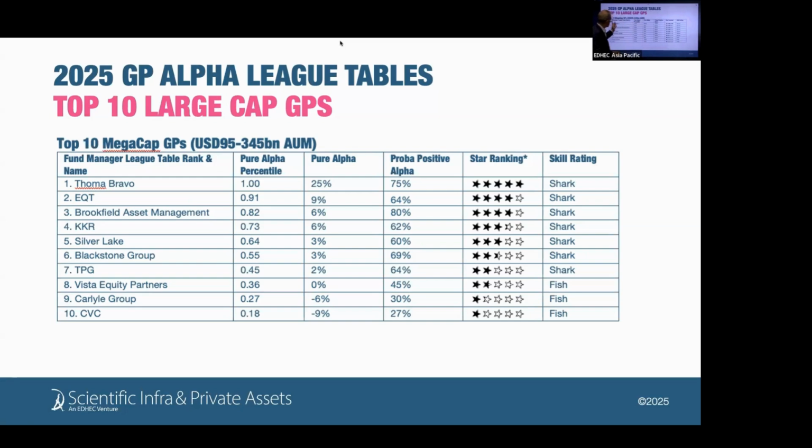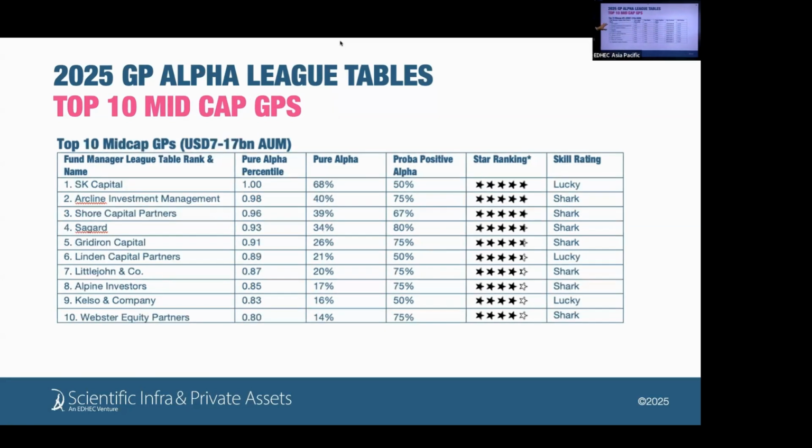But apart from Thoma Bravo, which has very high pure alpha, average pure alpha, and very high probability of positive alpha, the average alpha of the very large managers is not very large. It's 10, 6, 3%. So it varies more. And their style is definitely the shark style. So they tend to deliver positive alpha, but we see that they don't deliver extremely high alpha.